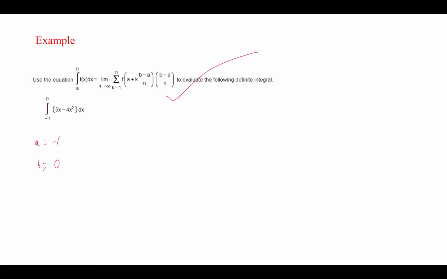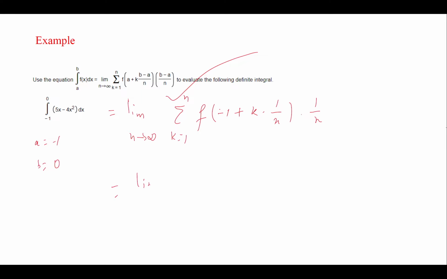For finding this definite integral, we need to find the limit of the sum from k equals 1 to n. Just plug in the value of a, which is... no, a is -1. So a is -1 plus k times (b minus a) over n. b minus a is 0 minus -1, which is 1, so that is 1 over n.